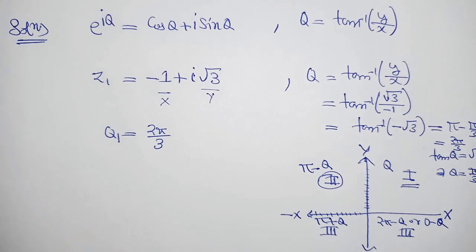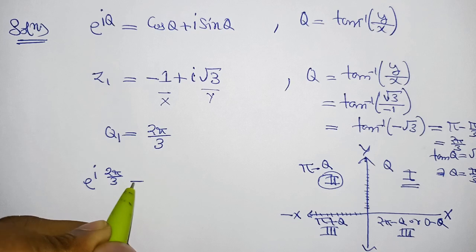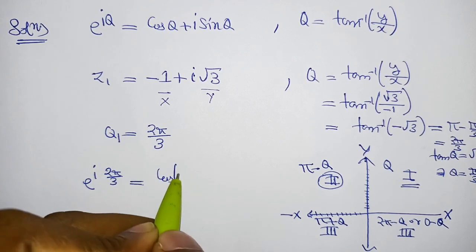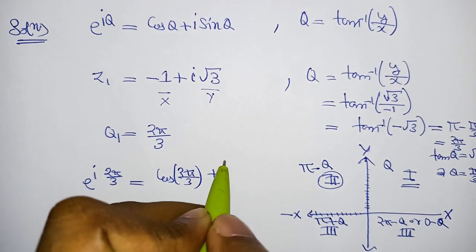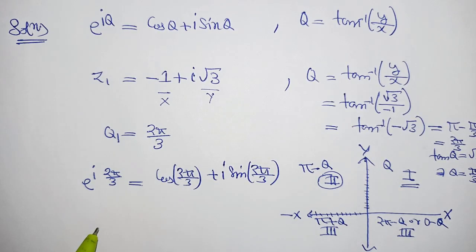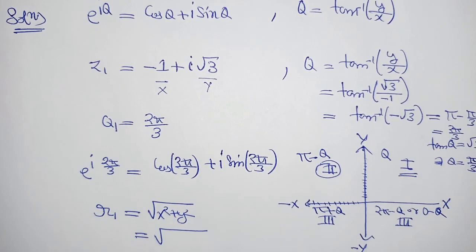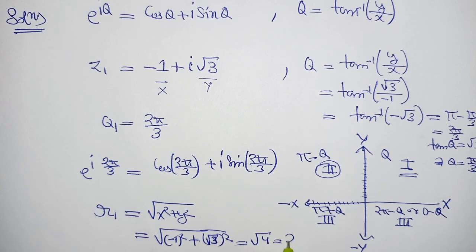So its exponential form will be e power i 2 pi by 3, which is equal to cos 2 pi by 3 plus iota sine 2 pi by 3. And also the magnitude is r. Suppose r1 is the magnitude of z1, which will be equal to square root of x square plus y square. Here the component of x is minus 1, so we have minus 1 square plus y square, where the component of y is square root 3, so square root 3 square, which is equal to square root of 4, which is equal to 2.